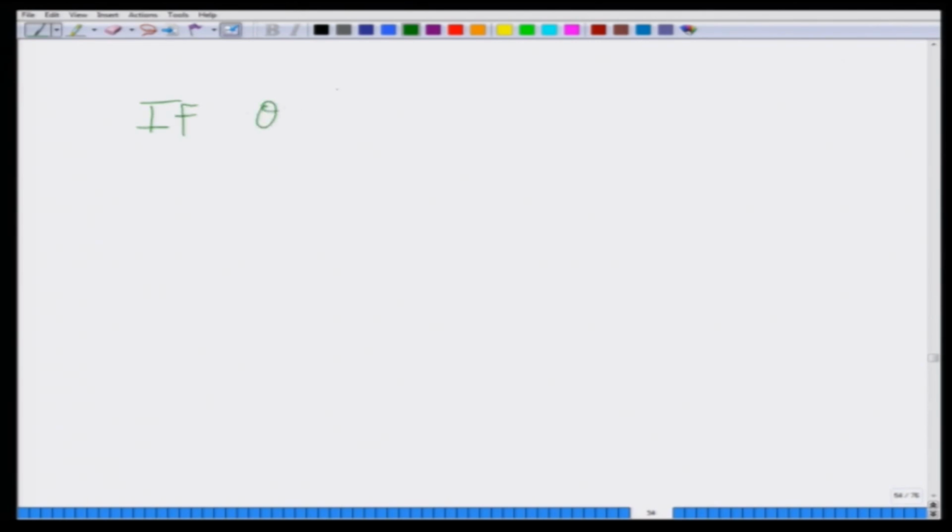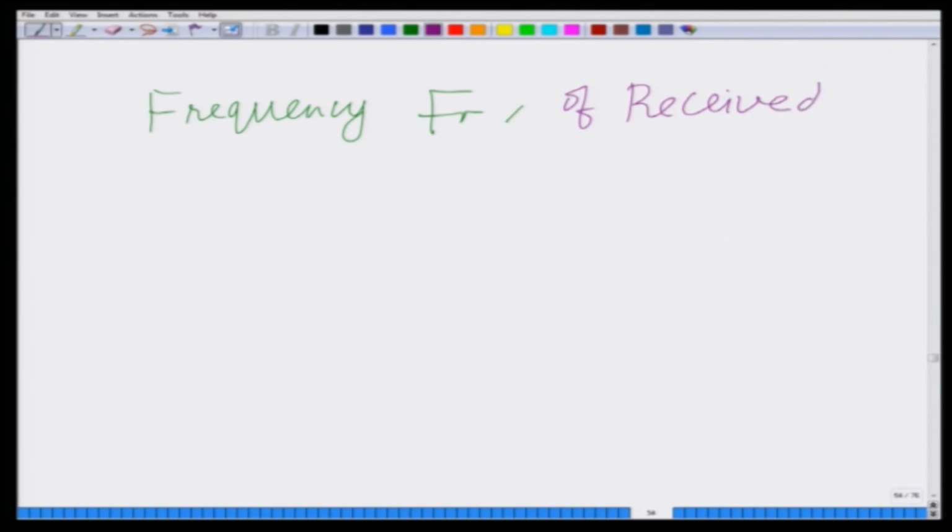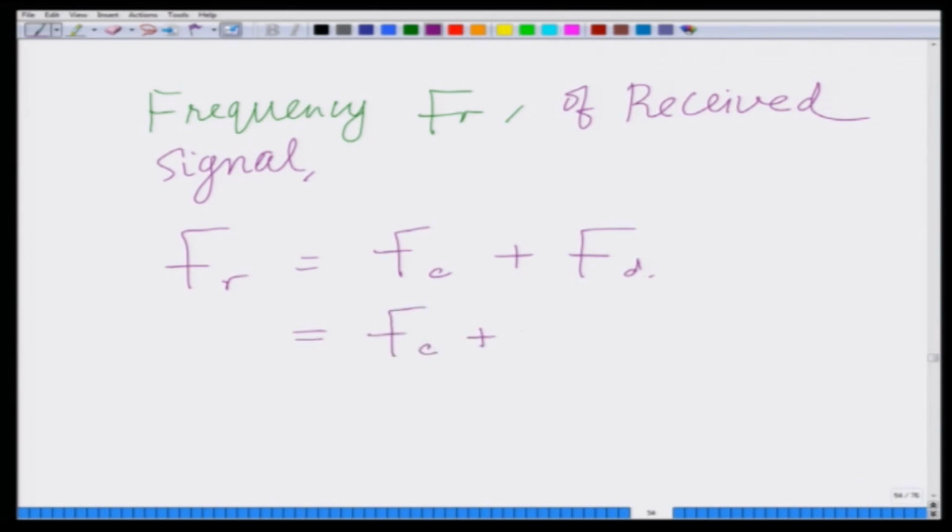and therefore the received frequency Fr of the received signal is given as Fr equals Fc plus Fd, where Fd is the Doppler shift, which is equal to v cosine theta by c times Fc.